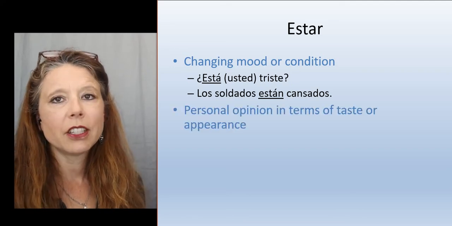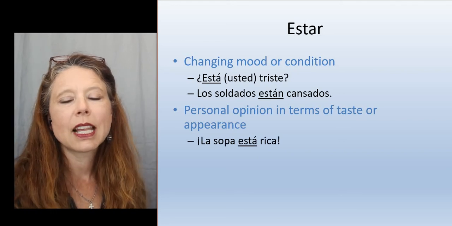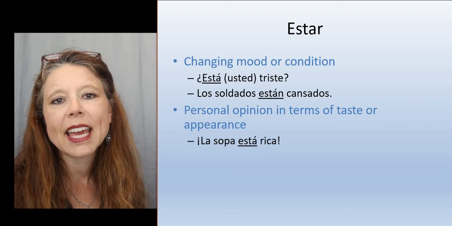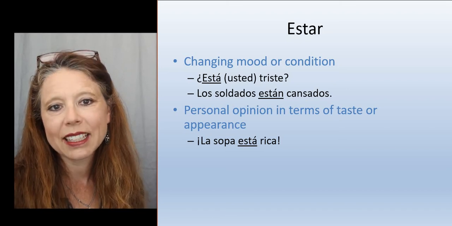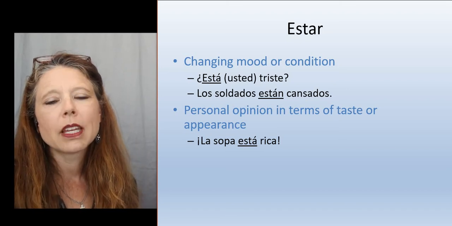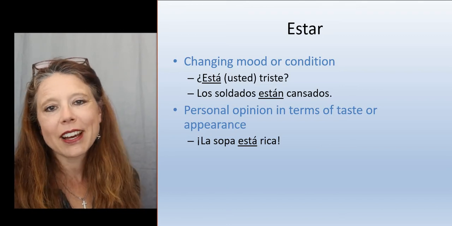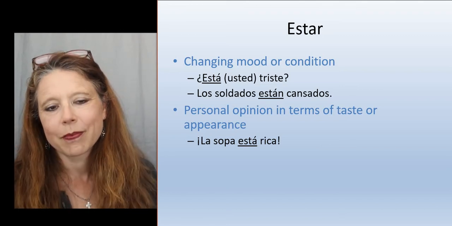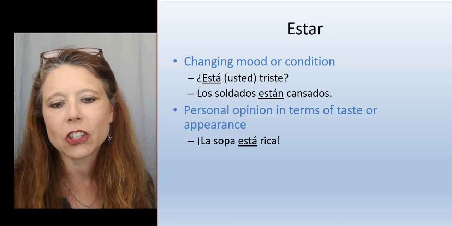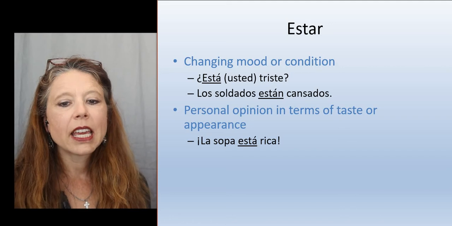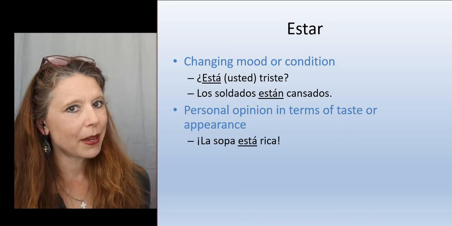Personal opinion in terms of taste or appearance. La sopa está rica. The soup is delicious. And rica also means rich, but it's used to say delicious. And we use estar because it's our opinion about the taste.